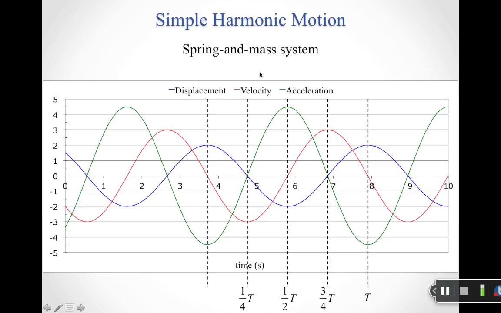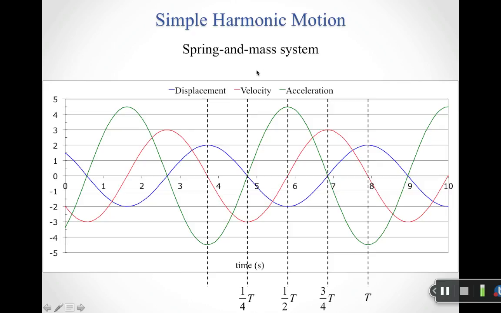Another quarter of the way through the period. Now my block is coming back through equilibrium. It's moving in the positive direction, so it has a positive speed. At equilibrium, its displacement is 0 and the acceleration is 0. So this is where the acceleration is about to change from speeding the block up to slowing it down, because it's about to go from positive velocity to negative acceleration.